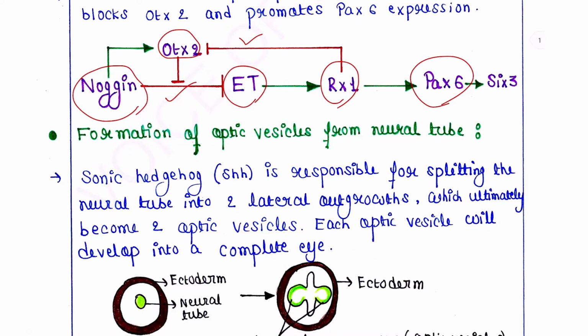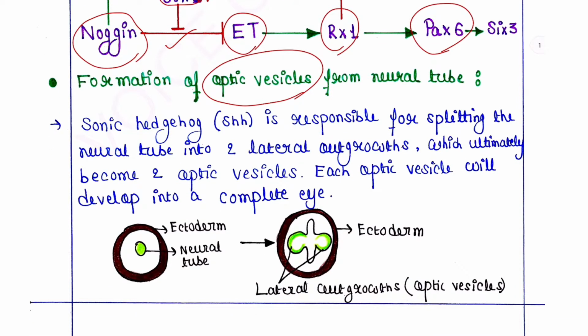Okay, so formation of optic vesicles from neural tube. How do optic vesicles form from the neural tube? Now sonic hedgehog, SHH, is responsible for splitting the neural tube into two lateral outgrowths, which ultimately become two optic vesicles.